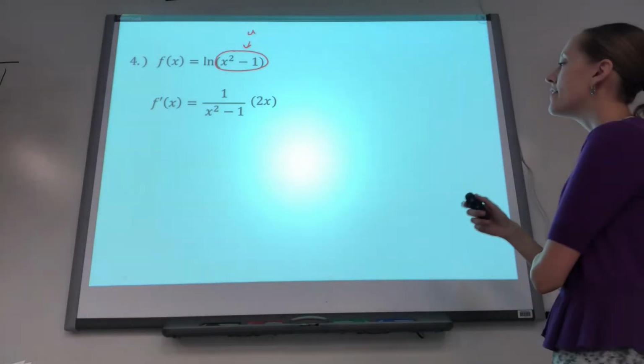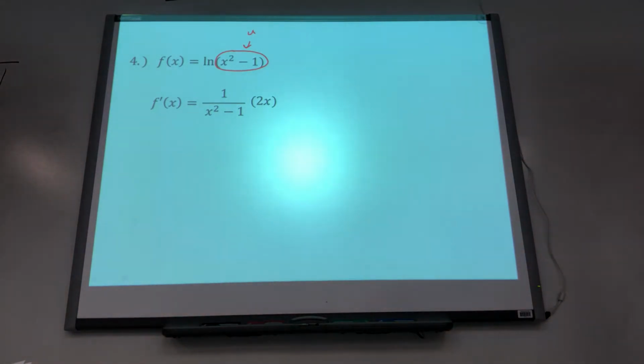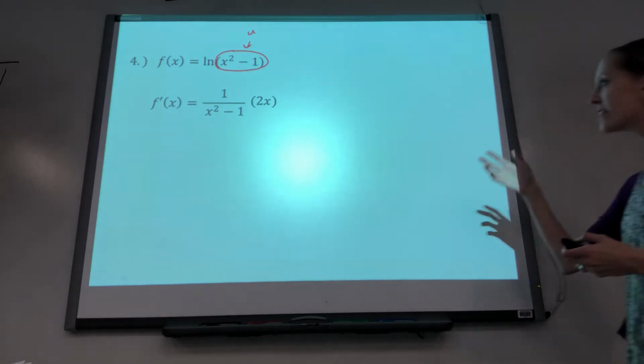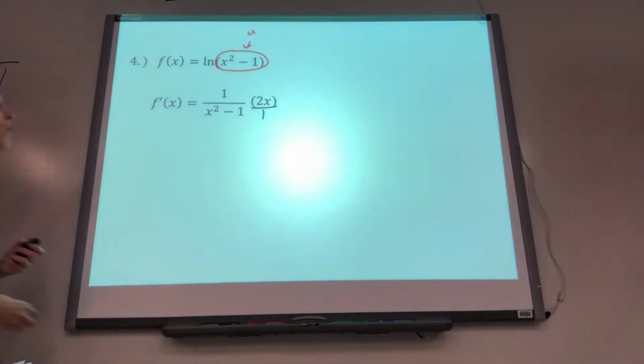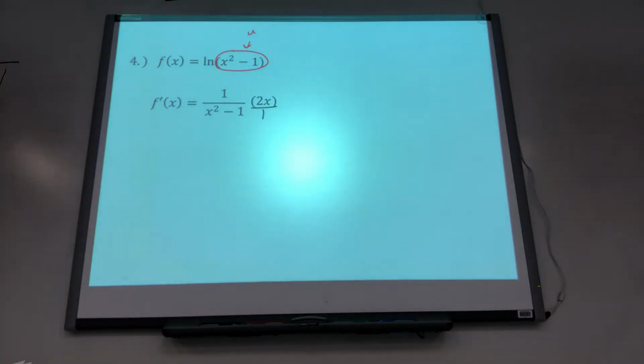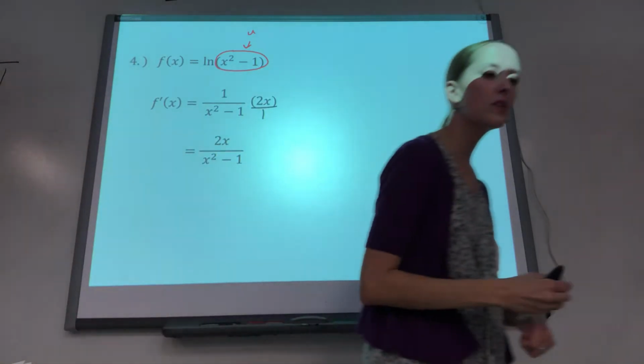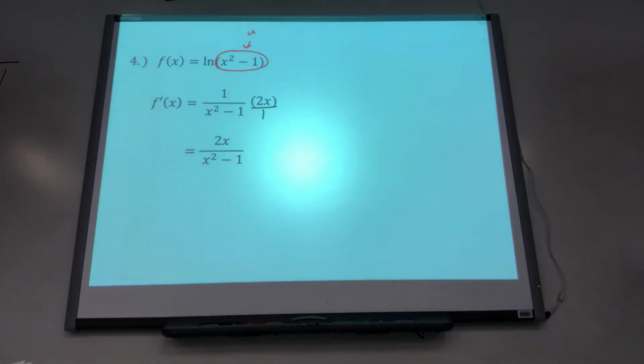So derivative of x squared minus 1, that would just be 2x. To make this look better, you can think of the 2x over 1 if you want to. And once you multiply that together, that would turn into 2x over x squared minus 1. That would be our derivative for number 4.